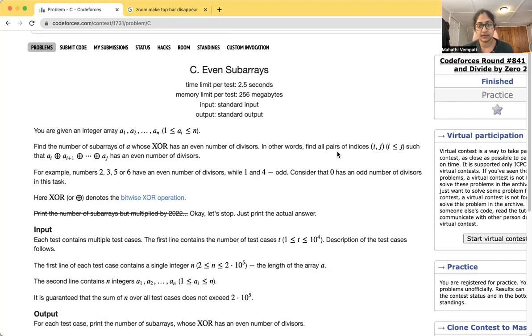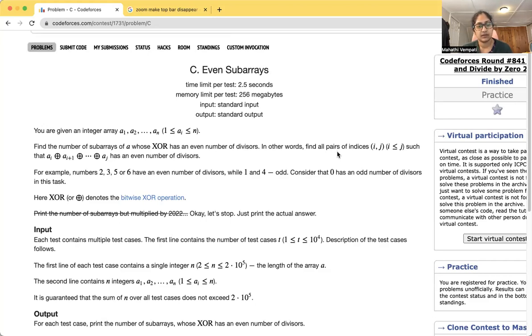So that means continuous sets of numbers such that AI XOR AI plus 1 and so on, XOR AJ has an even number of divisors. Yeah, okay.